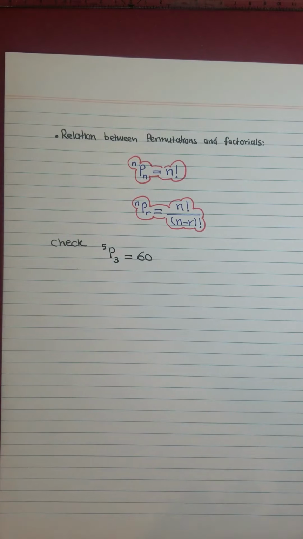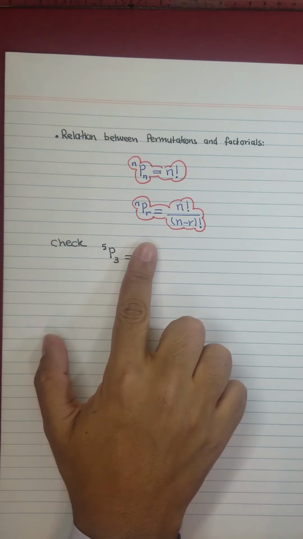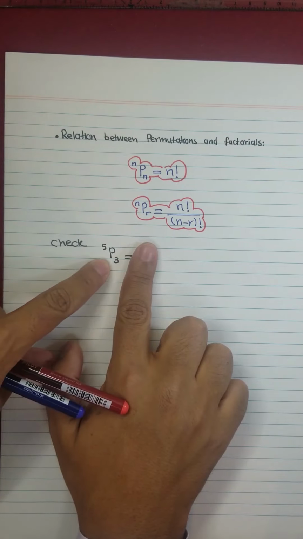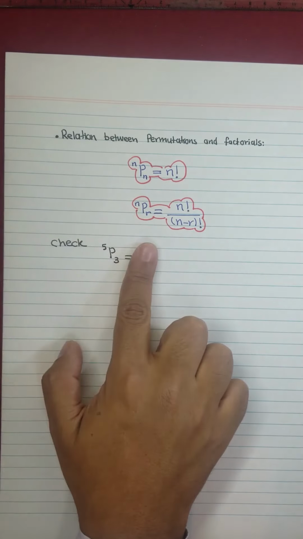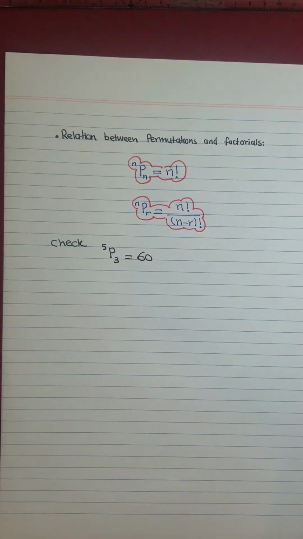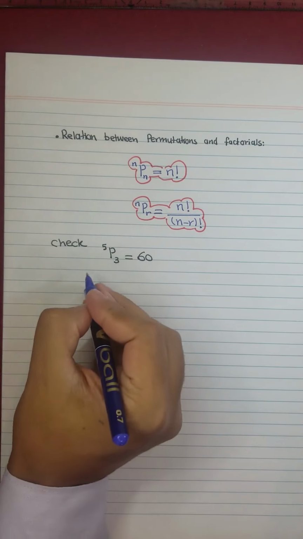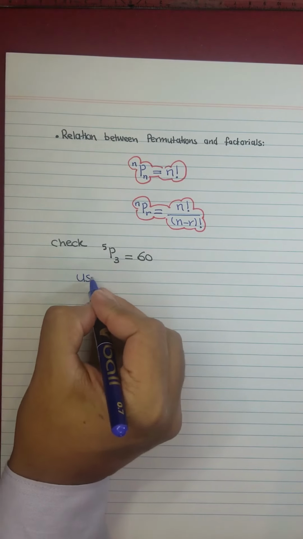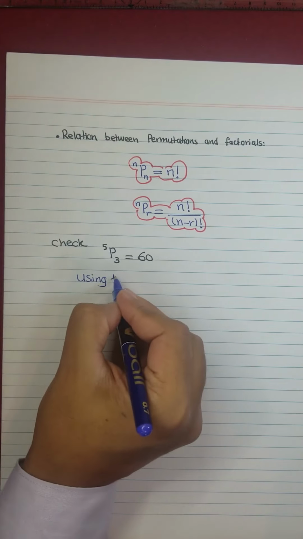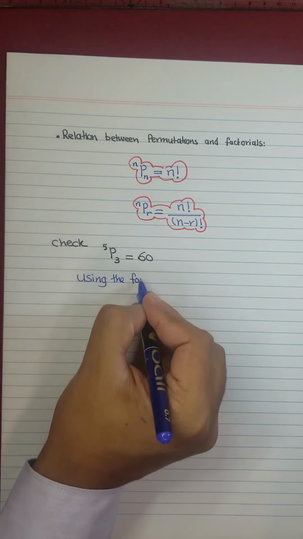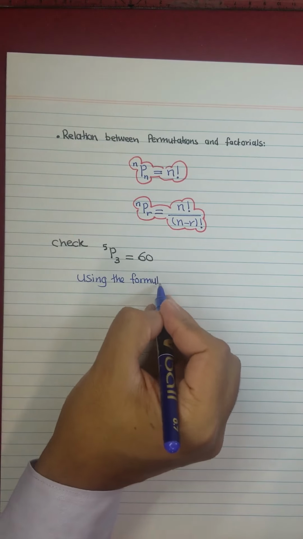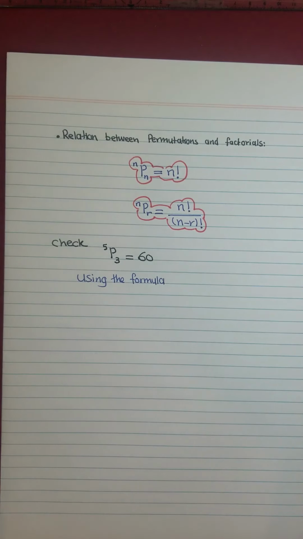Let's say that we don't know this answer, and we actually want to evaluate this permutation 5, 3 using this formula. Will we get 60? Let's see. So, using the formula, we should get the following.